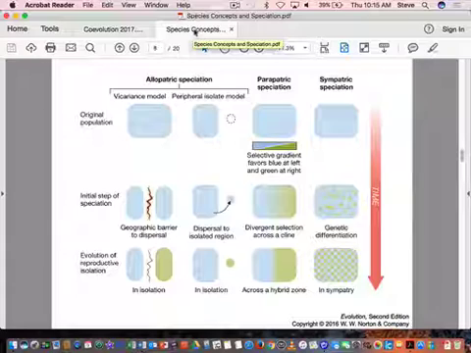But the idea here is, why do you think this is so hard? Why is it so hard for these green populations to arise and remain isolated and persist? Well, let's just say that in fact that green gene is favored in that little spot right in there, and there's strong selection favoring it.